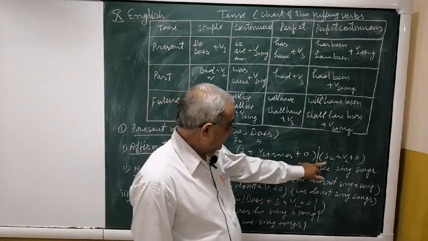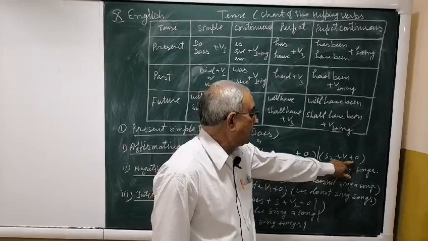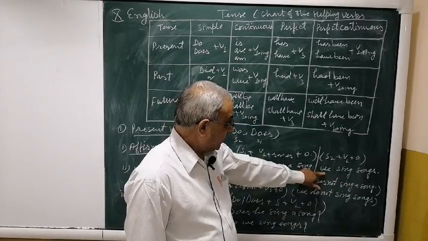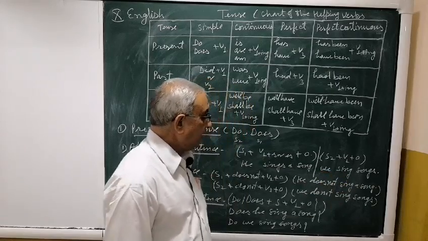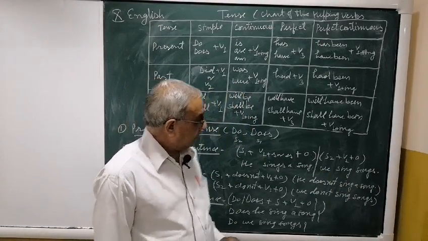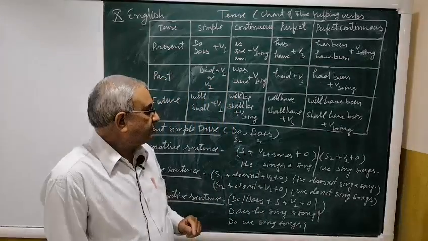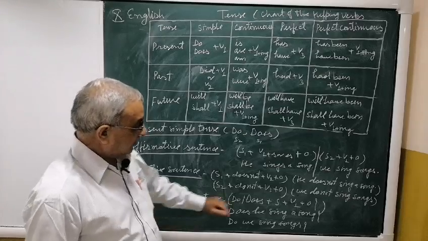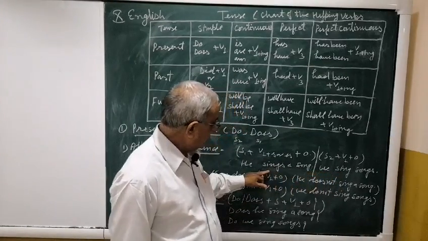Second pattern is, if the subject is plural, we use the first form of the main verb, then the object. We, subject is plural here, so we use only the first form of the main verb: we sing songs. If any verb is without s or es, it is known as a plural verb. So this is plural subject, plural verb; singular subject, singular verb.